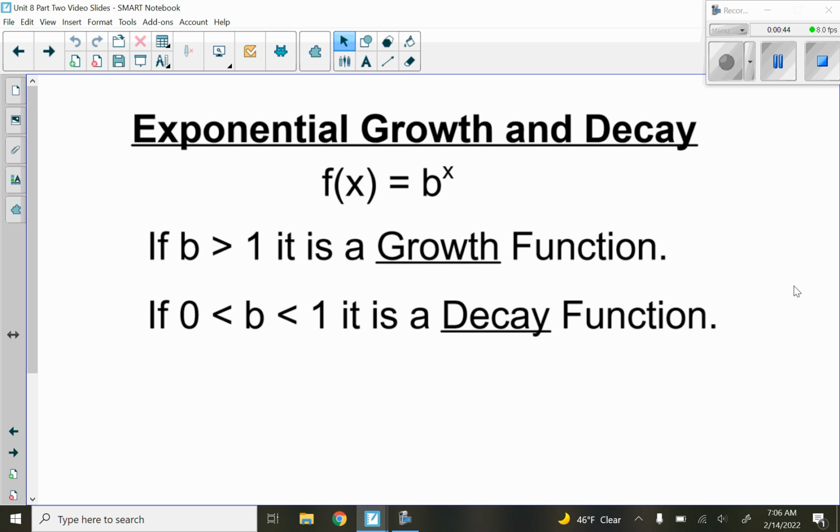So another kind of table that you want to write down is we have another way of representing our exponential growth and decay, where if b is greater than 1, then that means we're going to have a growth function. If b is between 0 and 1, that means we'll have a decay function.